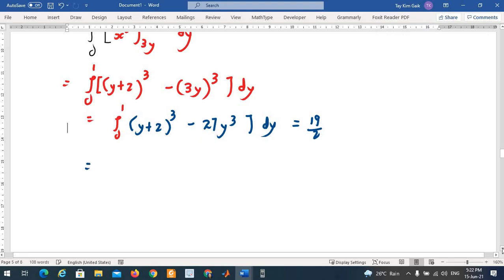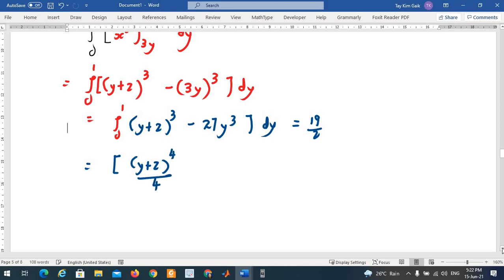Do it manually. 1 plus 2 power 4 divided by 4 minus 27 y power 4 divided by 4, from 0 to 1.